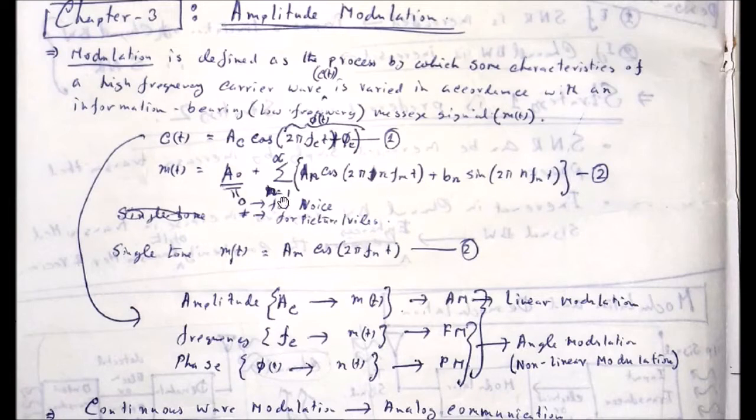If you vary n from 1, 2, 3 up to infinity, the frequencies of both of these terms will vary as fm, 2fm, 3fm, etc. fm is the fundamental frequency of the message signal, and 2fm, 3fm, 4fm are all harmonics, as you know from the knowledge of signals and systems. Generally for the voice signal, this DC term A0 should be 0. It is the nature of the voice signal.